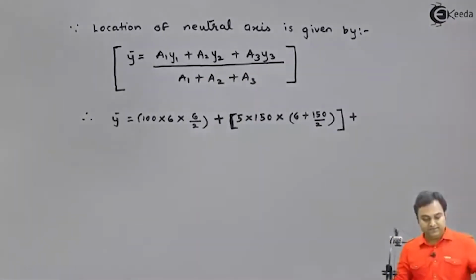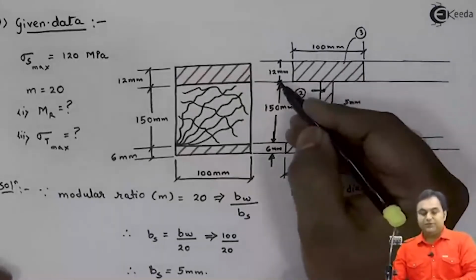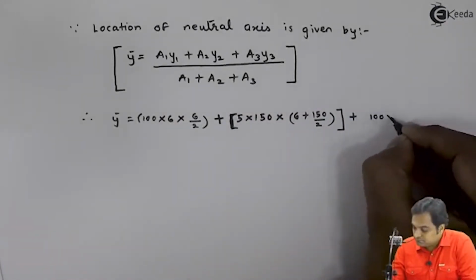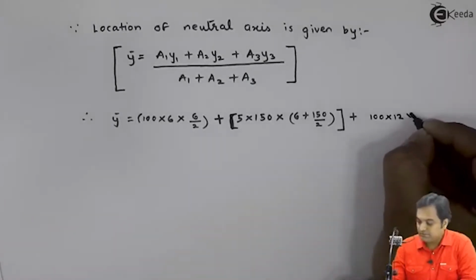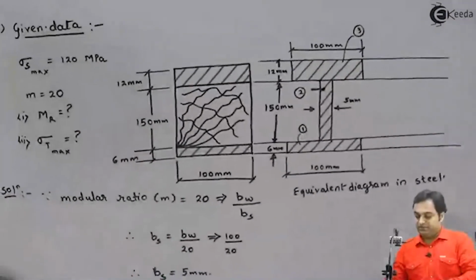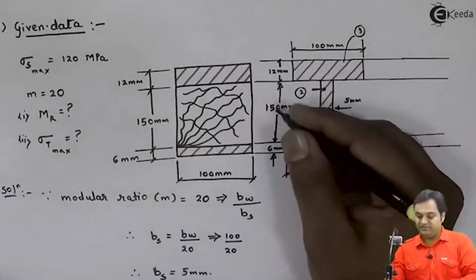Plus area 3, that is having value 100 into 12, multiplied by y3. This third rectangle is starting after 6 plus 150, 156 mm.